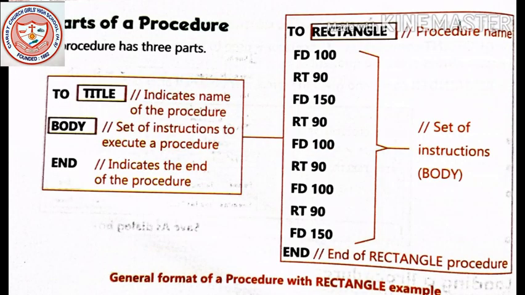Parts of a Logo procedure. A procedure has 3 parts. That is title, body and end. So title, what does title indicate?